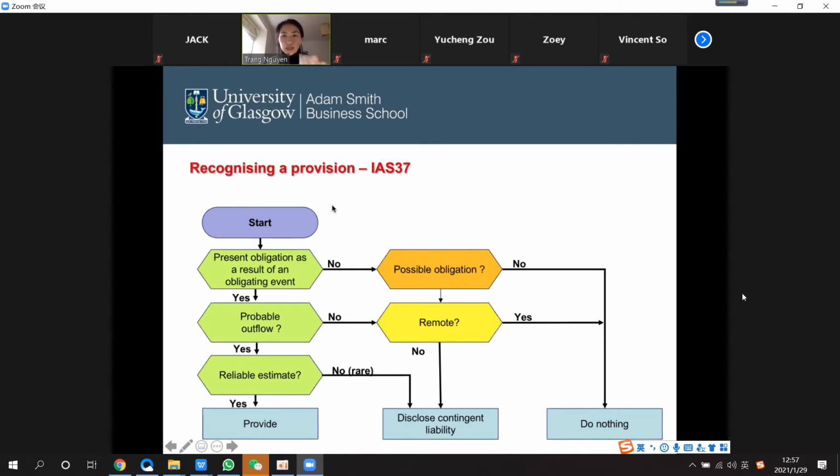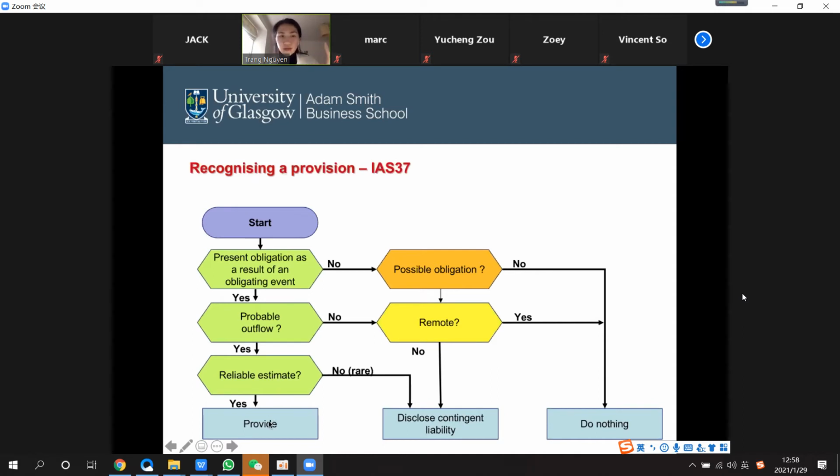And to go further, I think this decision tree is useful to see. If it's present, that is a present obligation. It's a probable outflow. Yeah, probable. It will happen in the future, so of course in the future there will be an outflow. Reliable estimate?